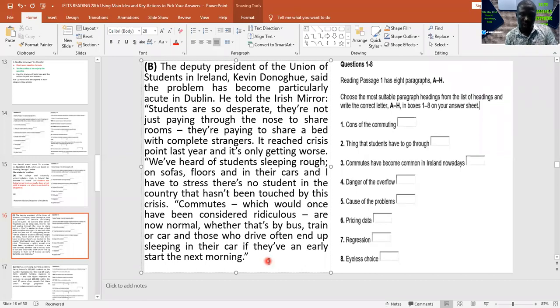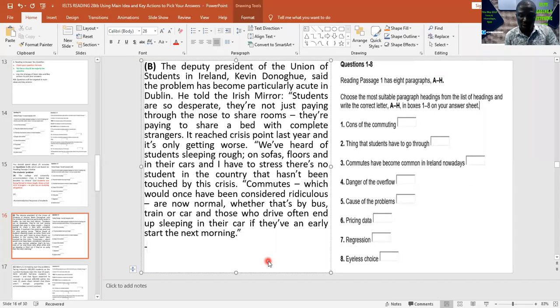The Deputy President of the Union of Students in Ireland gave expression, said the problem has become very, very acute in Dublin. Yes, so it is an acute situation.